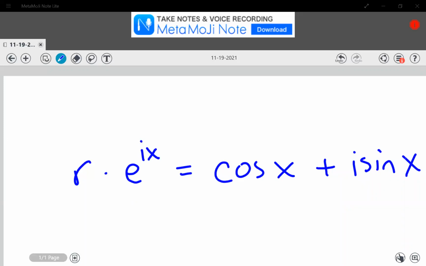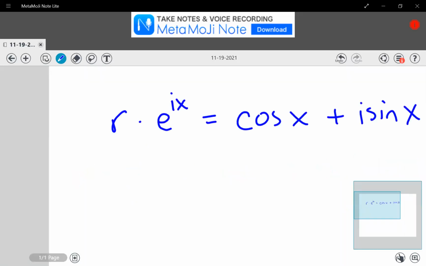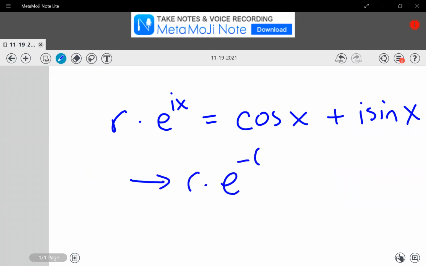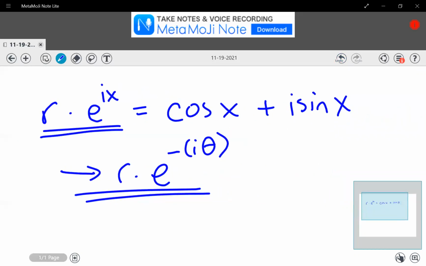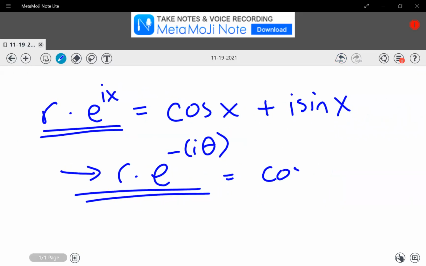All right, the Euler formula conjugate, just r times e to the negative i theta. This is the conjugate, this is the Euler form. This conjugate here is just cosine x minus i sine x. All right.